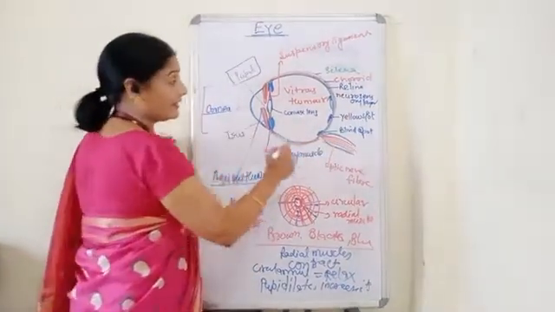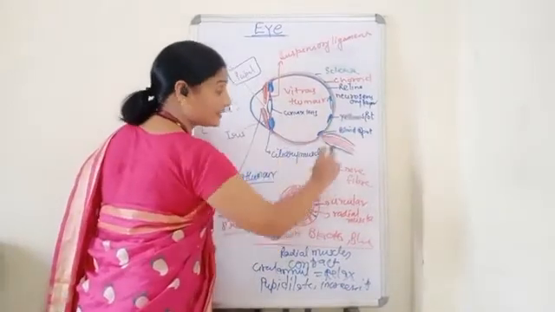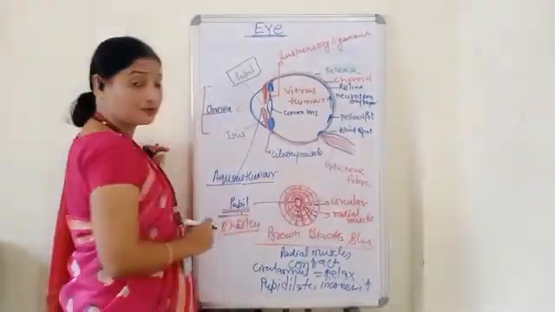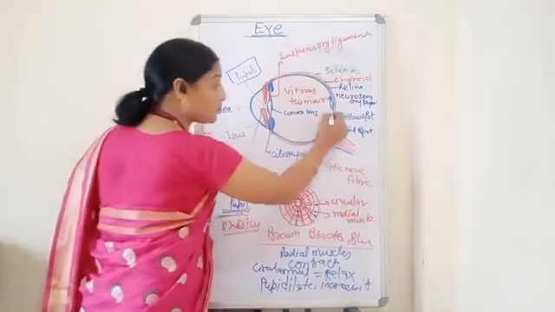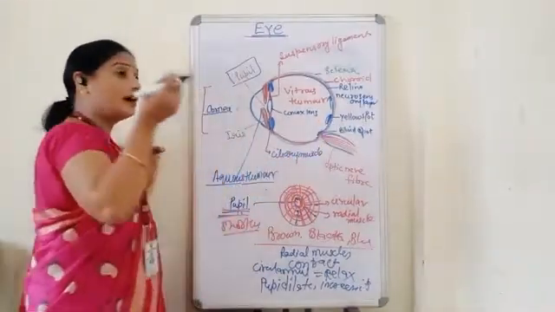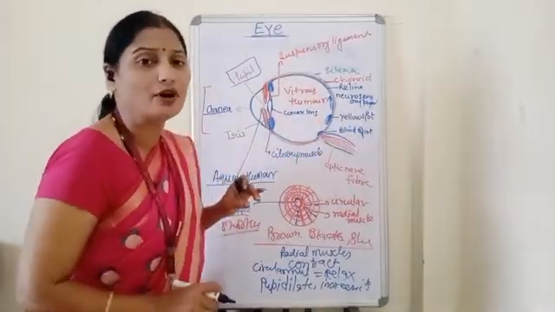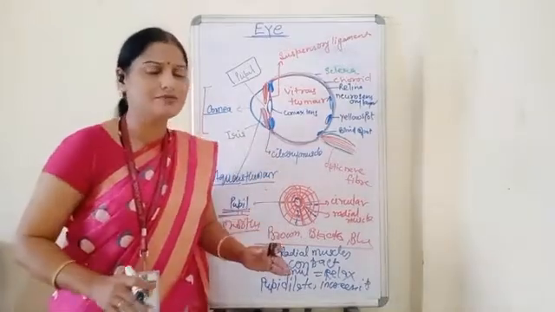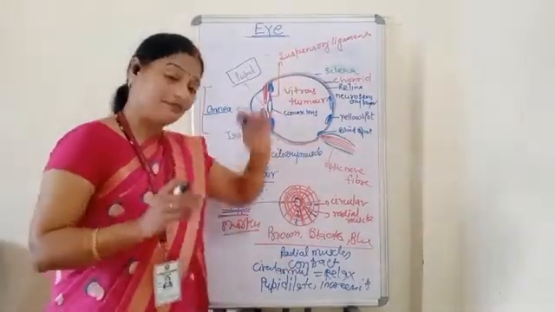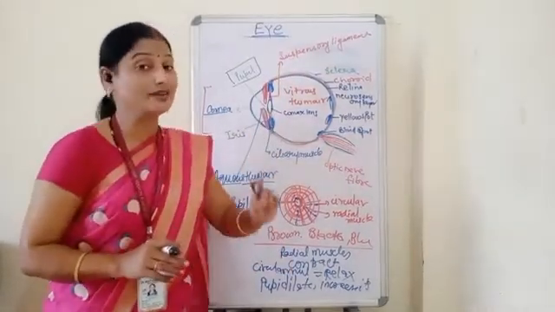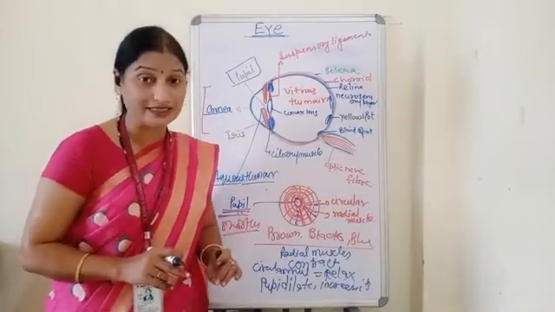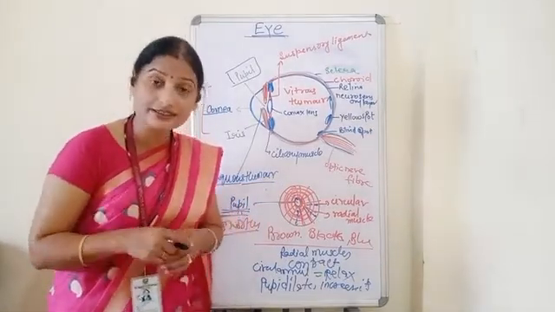Clear? And this retina contains the yellow spot and the blind spot. This yellow spot is a place where the best images can be formed, sharp and bright images, because one thing I would like to tell you, our retina contains two types of cells. One is rod cells and second is cone cells.